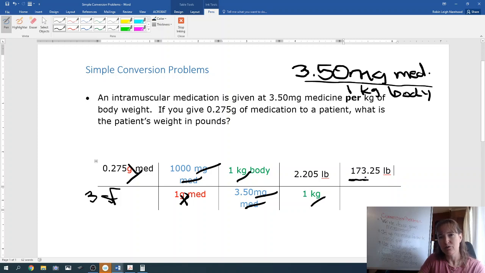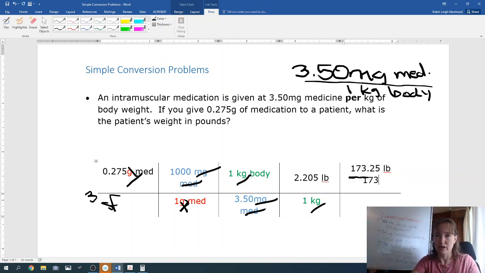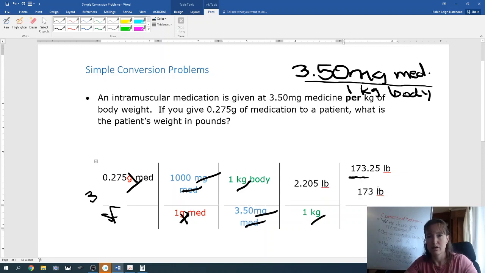So you look at the 4th digit and you see it's a 2. And so when you round it, you will just leave it as 173. And so it will equal 173 pounds. This will be our answer for this problem.